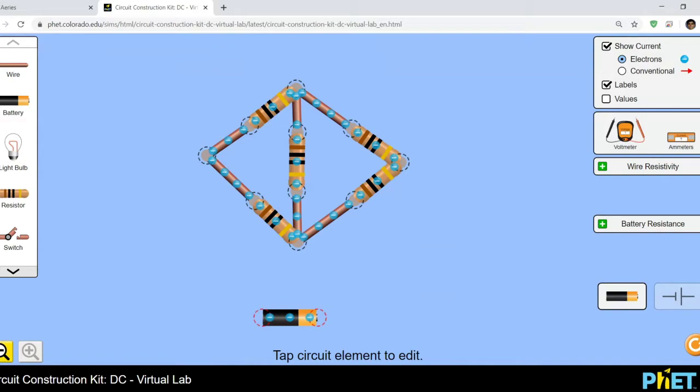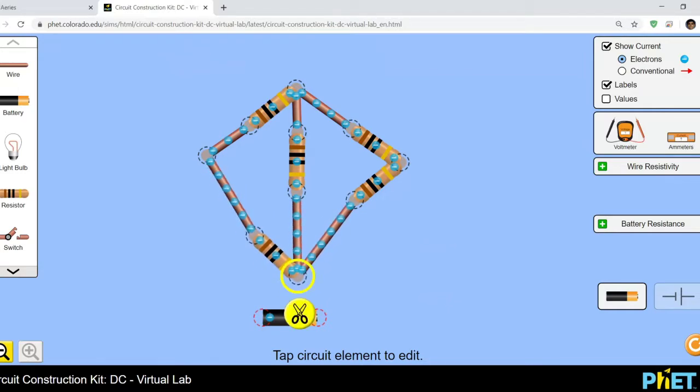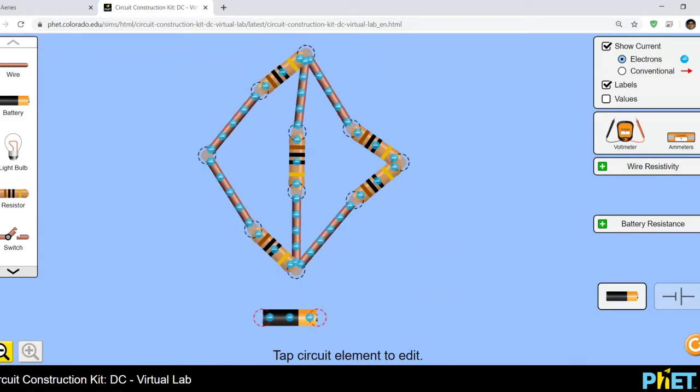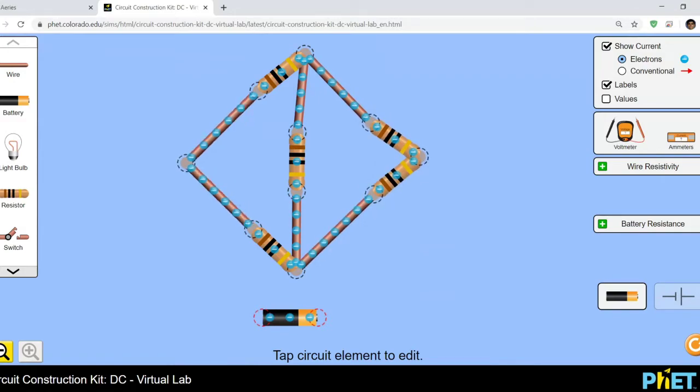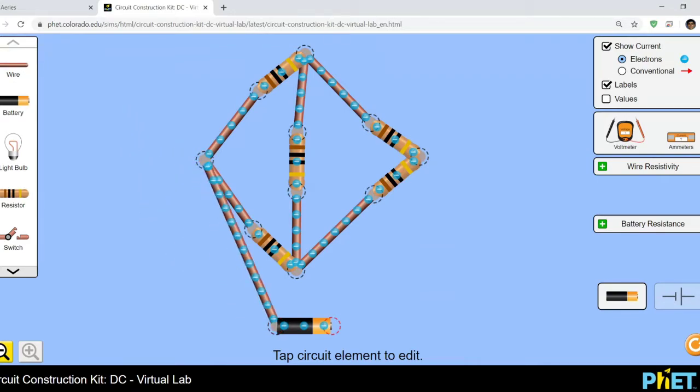The wires will just give you some spacing, and it also allows you to connect the ammeter easily. Let's stretch this out a little bit. And finally, we need to connect the corners to the battery. Conventional flow.